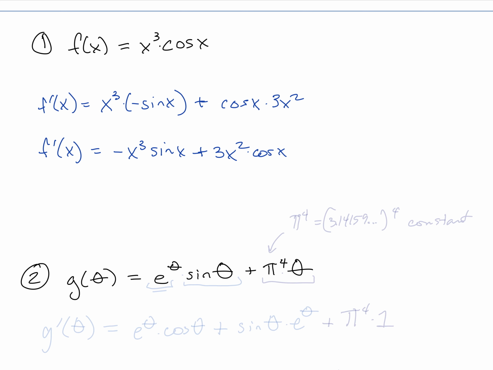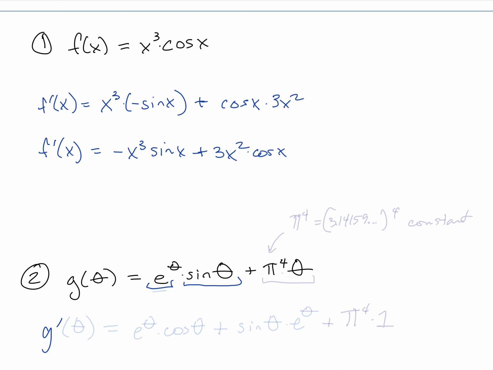Okay, g of theta is equal to e to the theta times sine theta plus pi to the fourth times theta. So let's take each of these separately. We know that the derivative of a sum is equal to the sum of the derivatives. So we can look at each of these pieces separately, e to the theta sine theta as one piece, and look at pi to the fourth theta as a second part to take the derivative of.